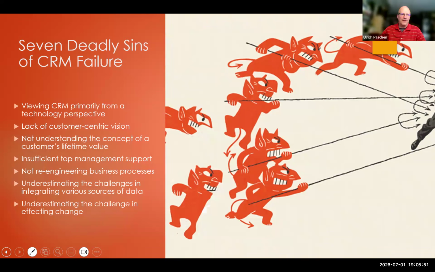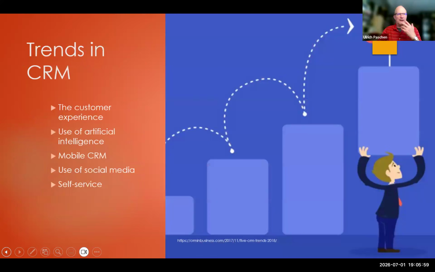So then, as the final item in our CRM discussion, the trends in CRM start with the actual focus on the customer experience. So engaging with customers is more important than ever. And so this customer experience is an important brand differentiator.